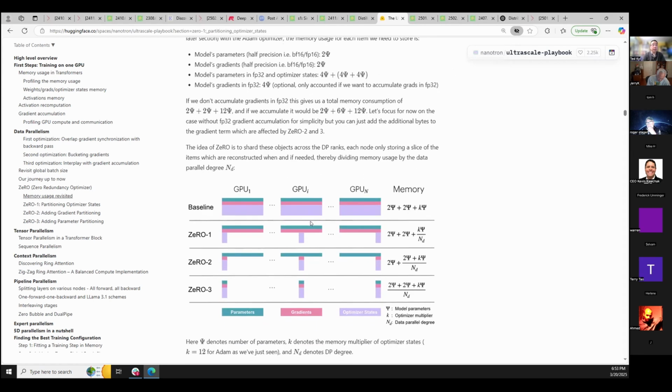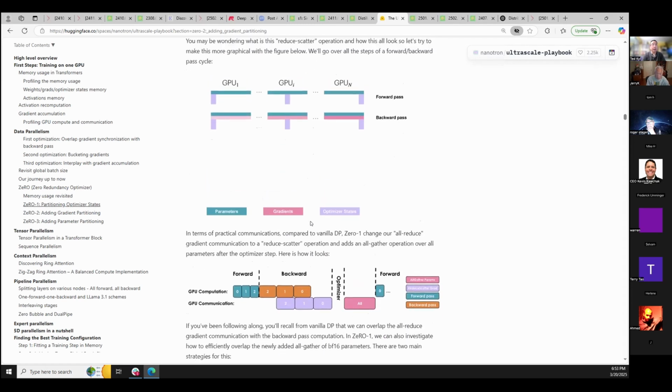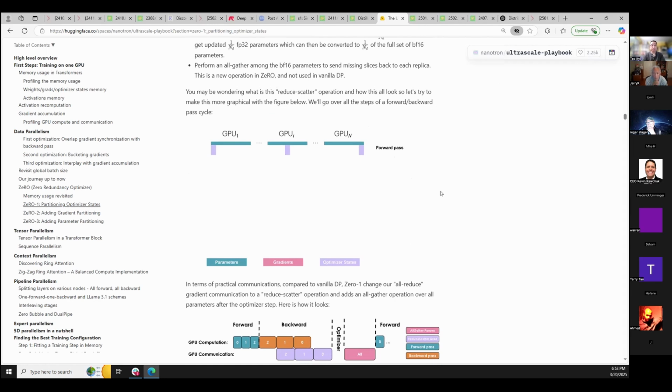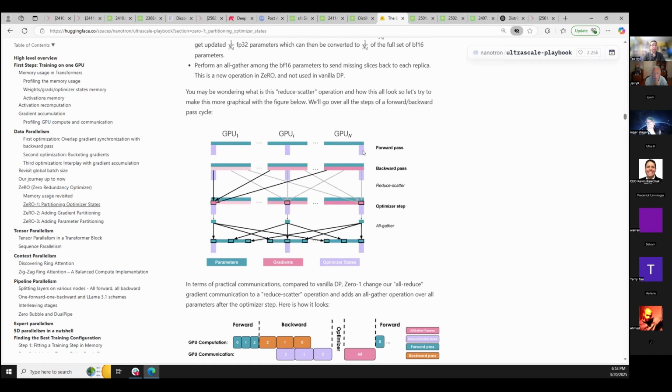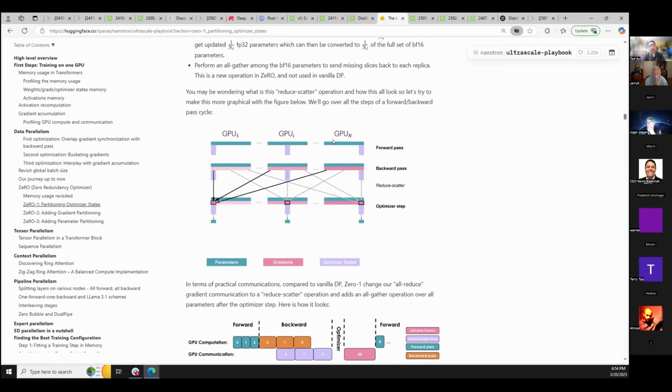I don't remember if we have a detailed diagram for this. Here we go. And so here, the optimizer state is this light purple. What you'll see is they show with dots, dot, dot, dot, but you physically see 3 GPUs: the first, a middle one, and the last.